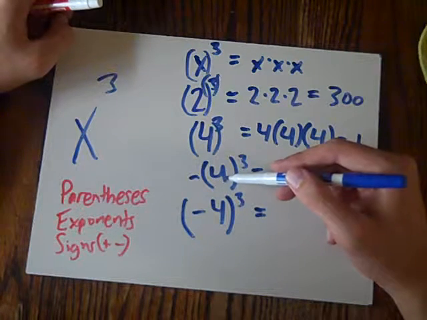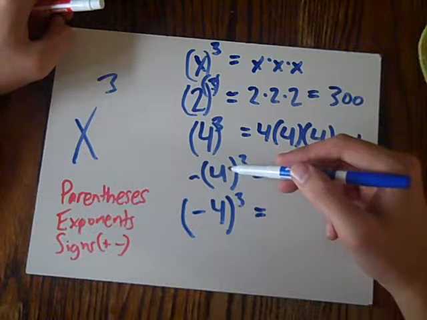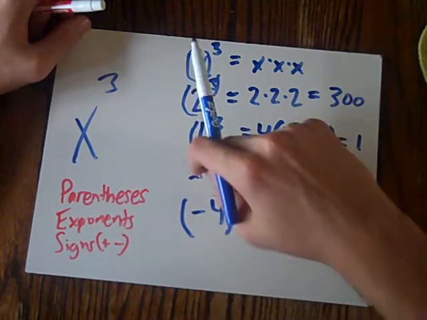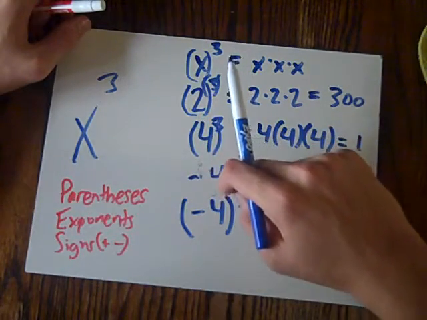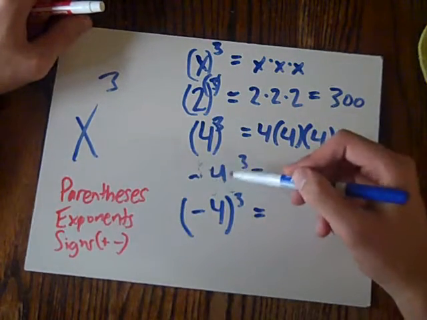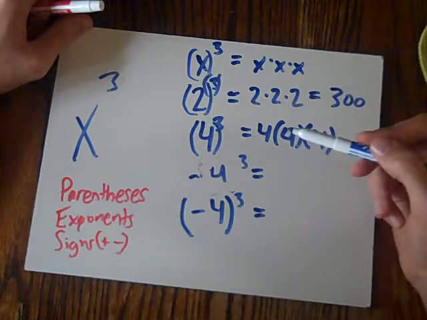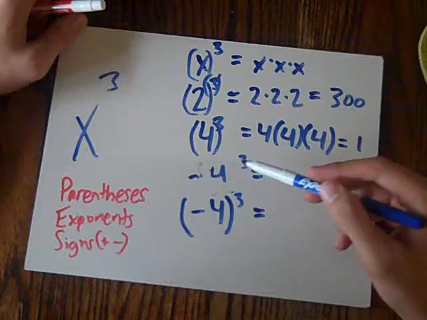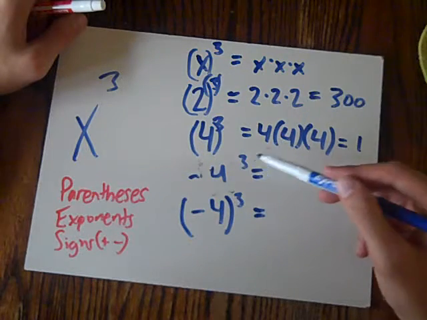That doesn't mean anything. If it's just parentheses around one number and nothing else, I could just erase the parentheses and call it good. So I'm just going to erase these parentheses. Now there's no parentheses, and so it's 4 to the power of 3.